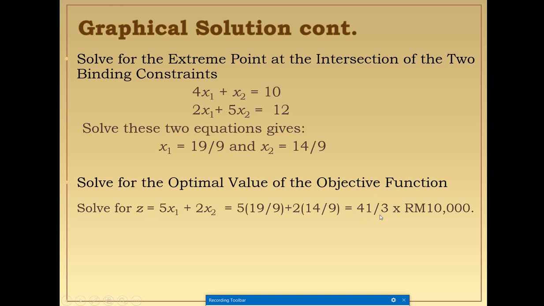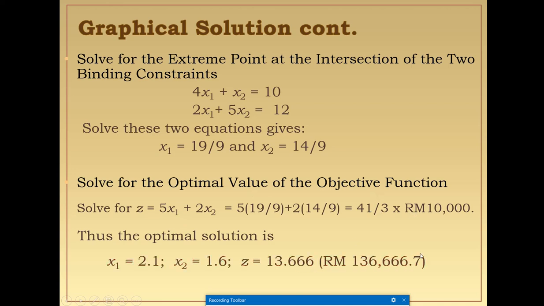Okay, 41 over 3, if you use the values of x1 and x2 in fraction form. If you use decimals, I'm not sure what the value is. But don't round it to 2 or 1 decimal places. It's very dangerous because it will affect the other values. Okay, nilai z. So we will get 41 per 3, and don't forget it is in units of 10,000, so you must multiply by 10,000. Therefore, 41 over 3 times 10,000, you will get 136,666 ringgit and 70 sen.